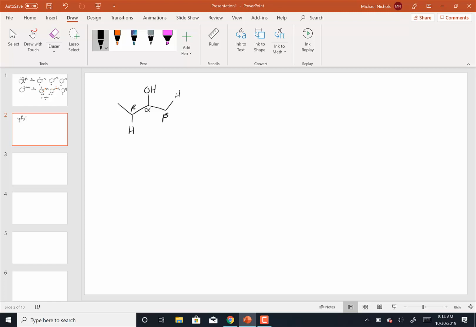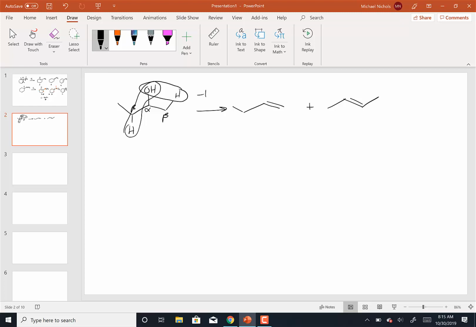But in this case, I'm going to lose water in this reaction. That's the net result. So I can form the double bond to the carbon on the end, or I could lose this H2O and form the double bond in the middle. Okay.